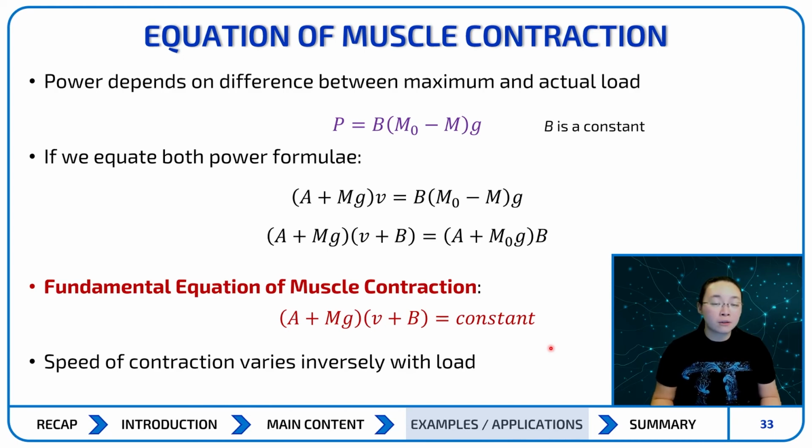So this provides mathematical and physical proof and a valid theory as to why the speed of contraction is going to increase as you decrease load and decrease as you increase your load.